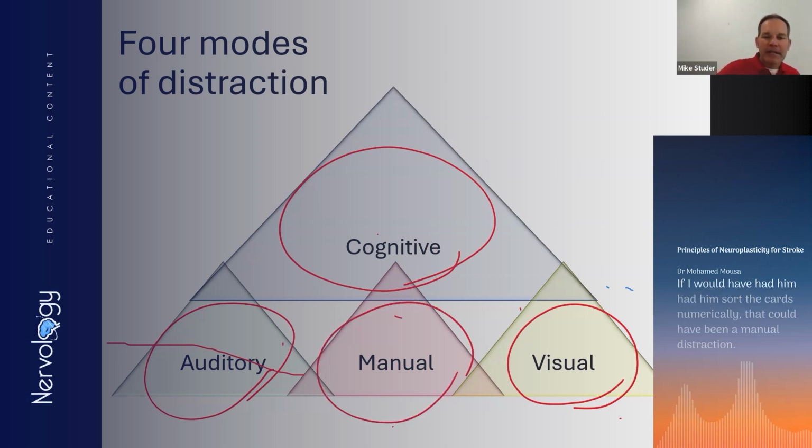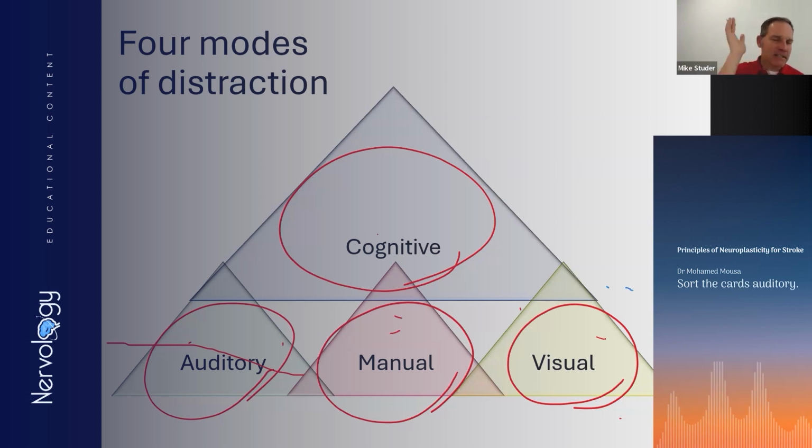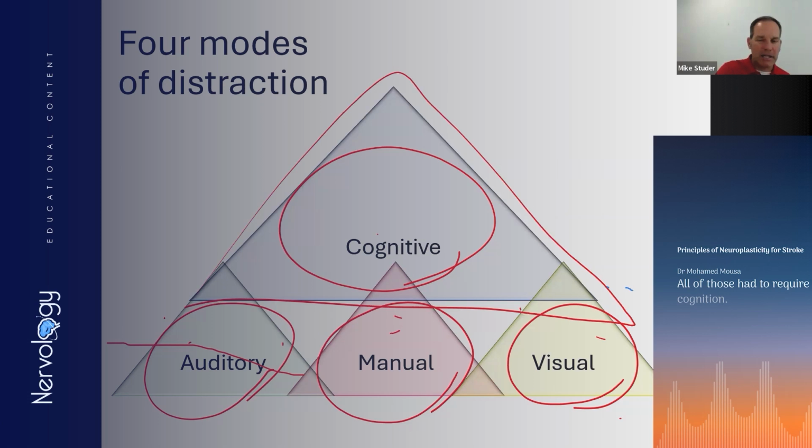If I would have had him sort the cards numerically, that could have been a manual distraction. Remember that all of those that I've stated, even if it was visual, remember the cards, manual, sort the cards, auditory, listen to what I'm telling you, all of those had to require cognition. All of them, all 4 modes are cognition.